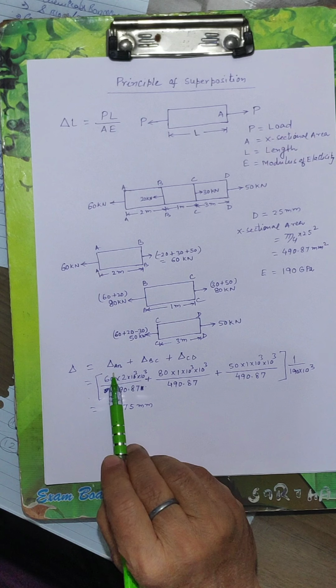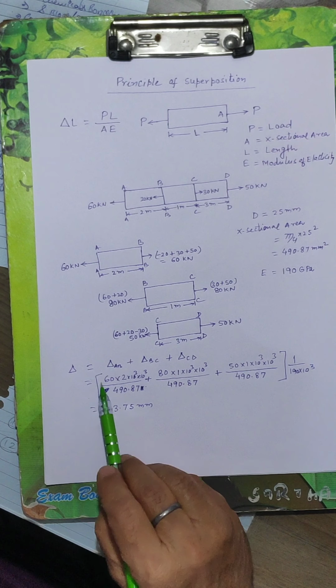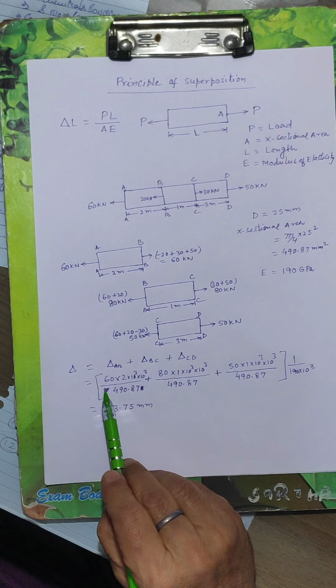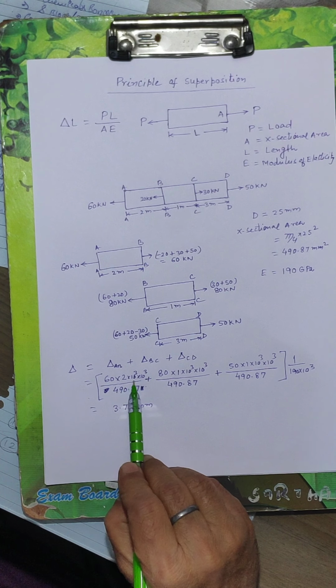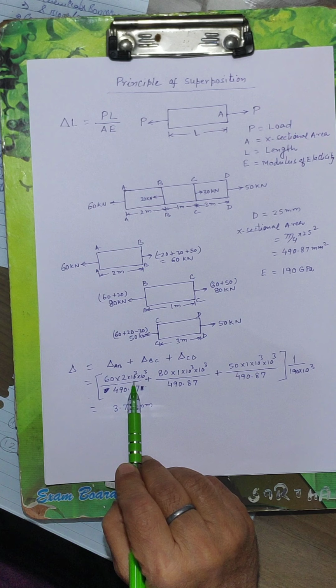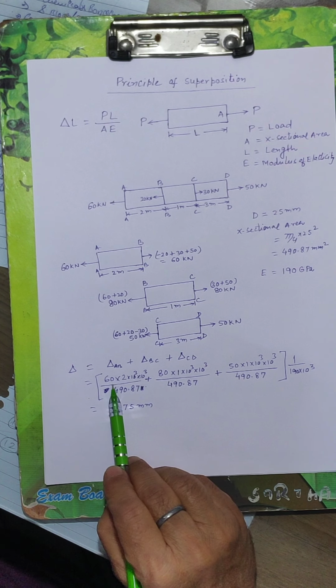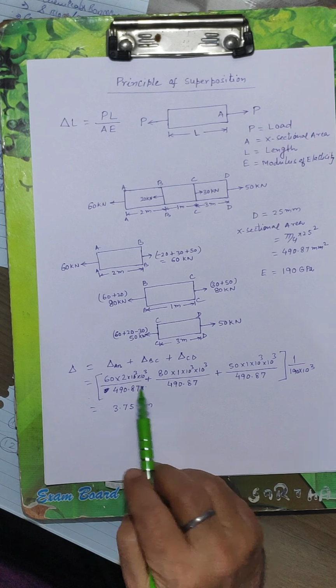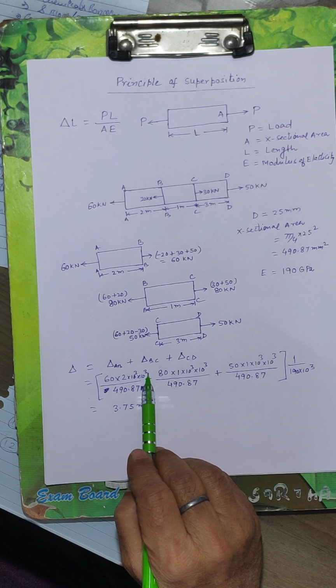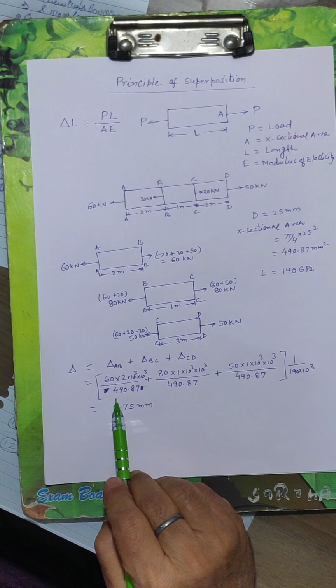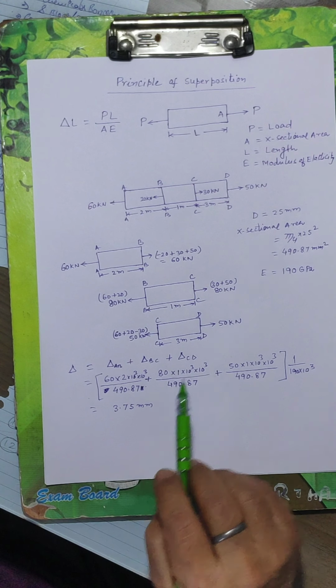So total elongation will be equal to delta AB is equal to P is 60, L is 2 meter, 2 into 10 to the power 3 in mm, we have converted into mm, and 10 to the power 3, 60 is kilonewton, so we convert it into Newton, so it will be again multiplied by 10 to the power 3, divided by AE. A is the cross-sectional area.